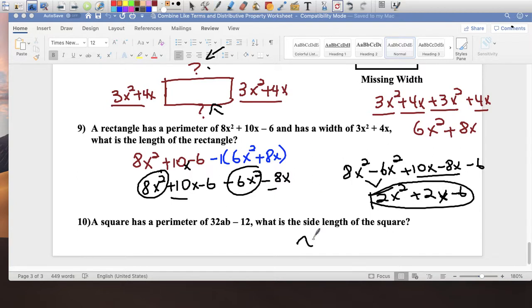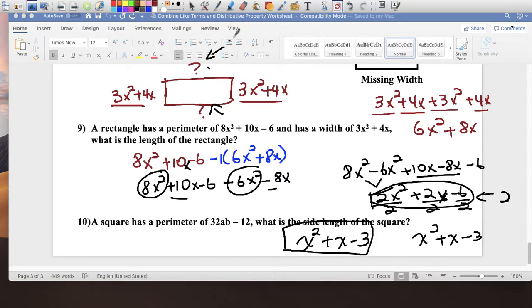You're going to get x squared plus x minus 3. And the other side is x squared plus x minus 3. So I can go over here and write x squared plus x minus 3. And that means that the bottom one is x squared plus x minus 3.